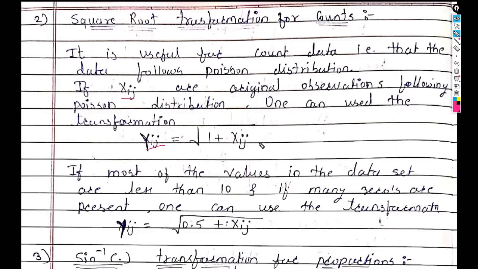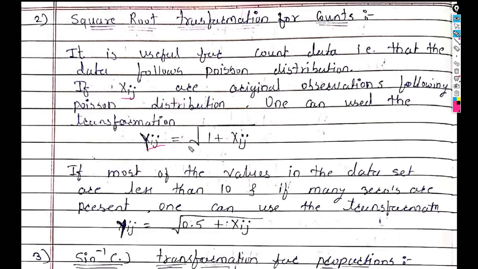To normalize this data, we use the square root transformation, so our new variable is denoted by yij, the square root of 1 plus the original observation. If we transform our original data into this yij, it may be normally distributed.